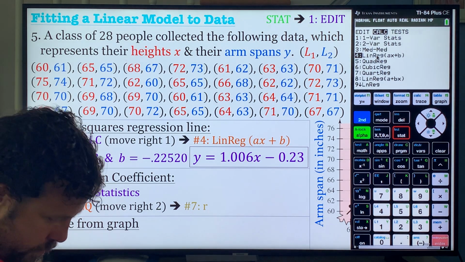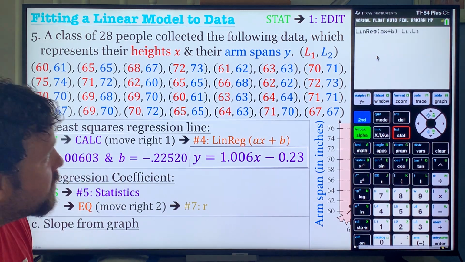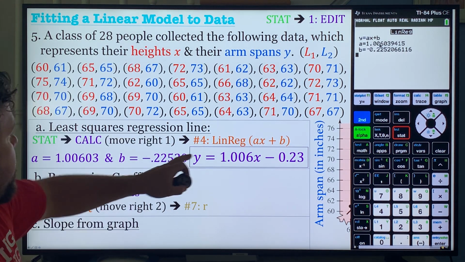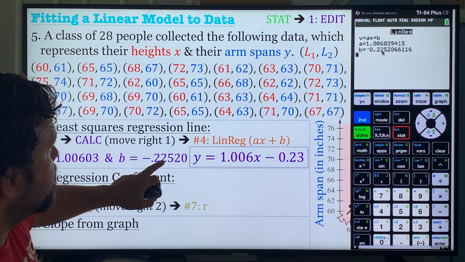There you go. All right, so now when you get your linear, this goes next to your x, this is your y-intercept.